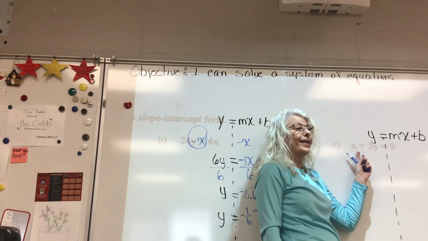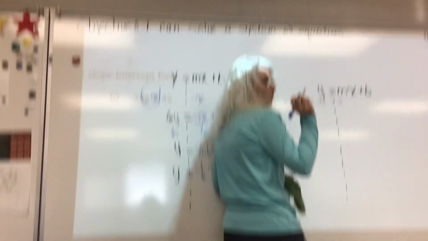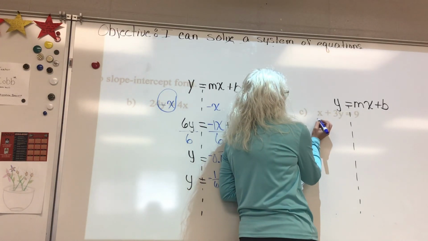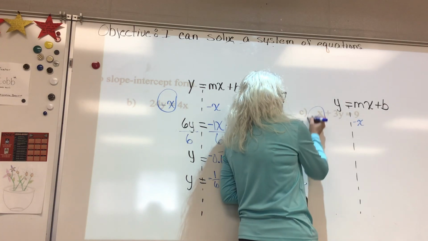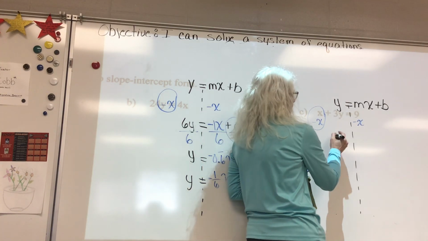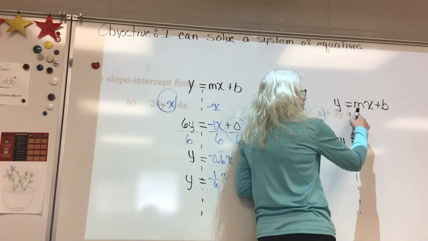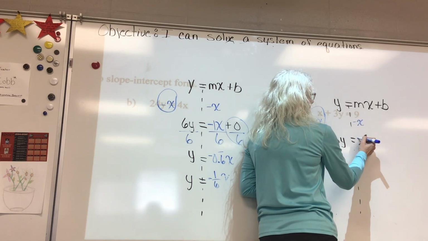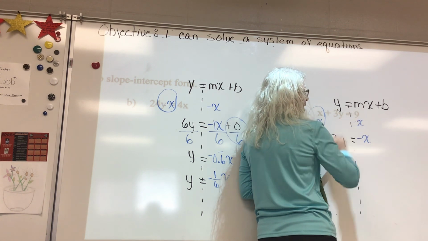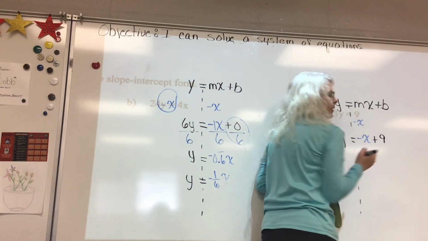No, so we need to get rid of it by doing the what? Opposite. This is positive, so I'm going to do negative x, circle my like terms, bring down my 3y, bring down my unlike terms, negative x, and this is a positive 9, so I'm going to put positive 9.